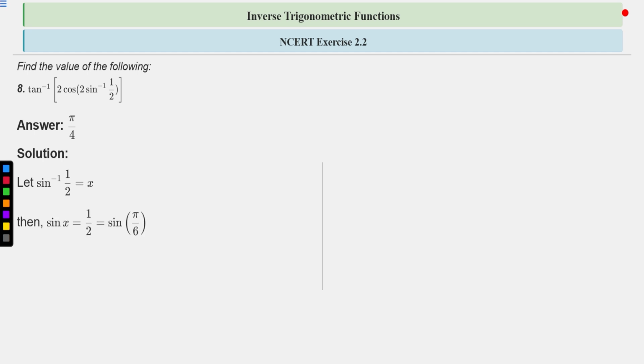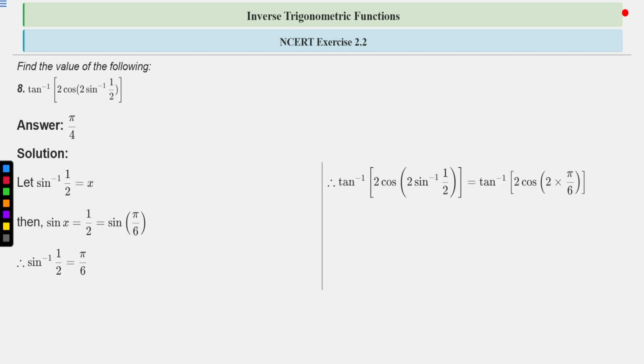Then sin x will be 1 by 2, and we know that sine of pi by 6 is 1 by 2, right? So we can write sin inverse 1 by 2 is equal to pi by 6.